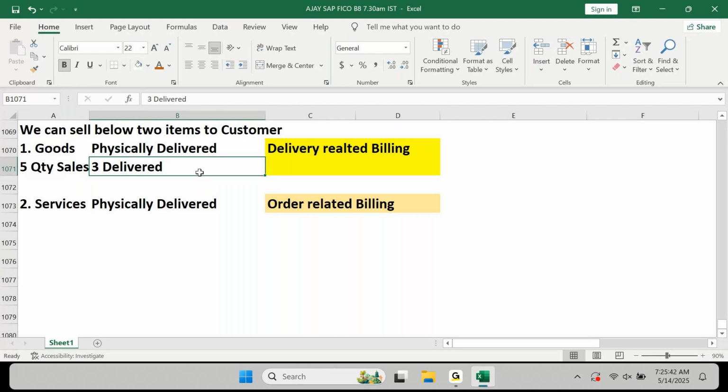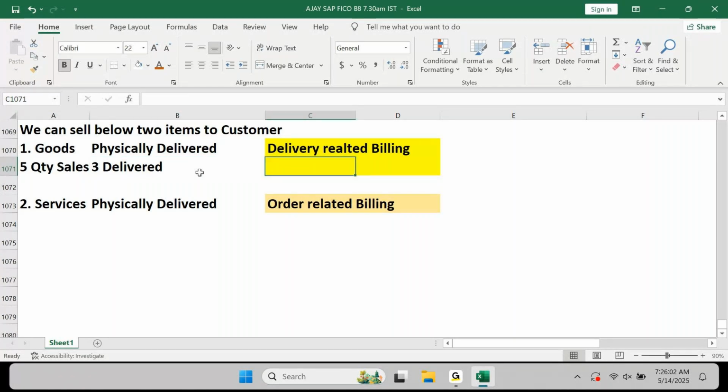If you don't receive the product, do you accept the invoice? No, right? If you receive only 3, you will pay only for 3. Tomorrow he said he will give 2, then tomorrow you will pay. So now he will deliver and bill only 3.